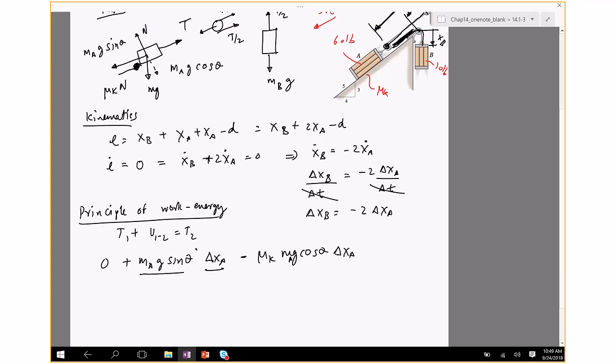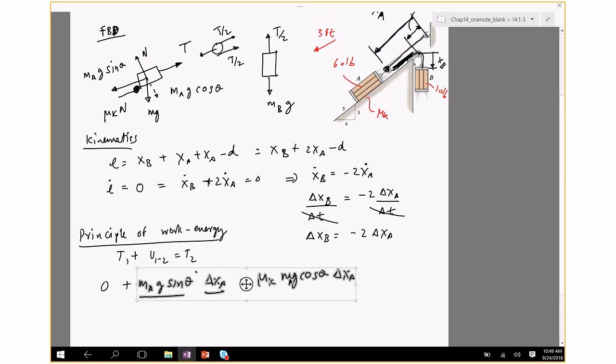Okay, what else? mg cosine theta and N do no work. T does work, but what I'm going to do is look at the system as a complete system where the two blocks are connected through the cables. So when that happens, the tensions do not figure in the equation.